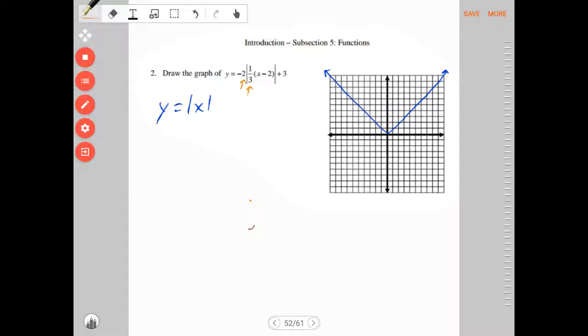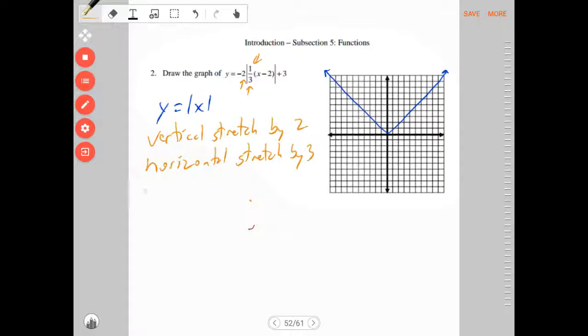So I've got a vertical stretch by 2, a horizontal stretch by 3. Remember, the horizontal stretch is the reciprocal of that guy, so 3 over 1. Okay, horizontal stretch by 3.